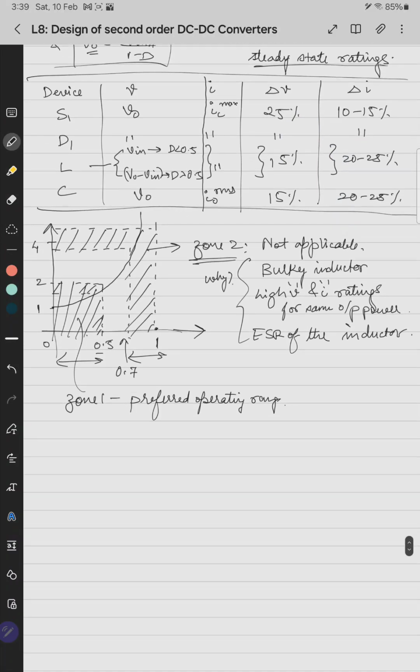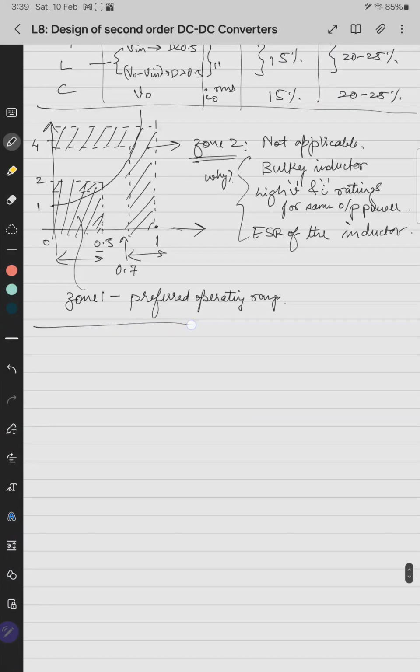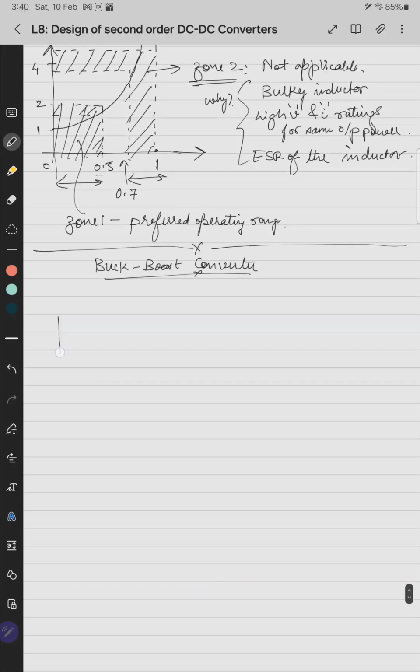Similarly, there is a third type of converter, called the buck boost converter. The circuit diagram is like this: S1, IS1, IN, VS1.